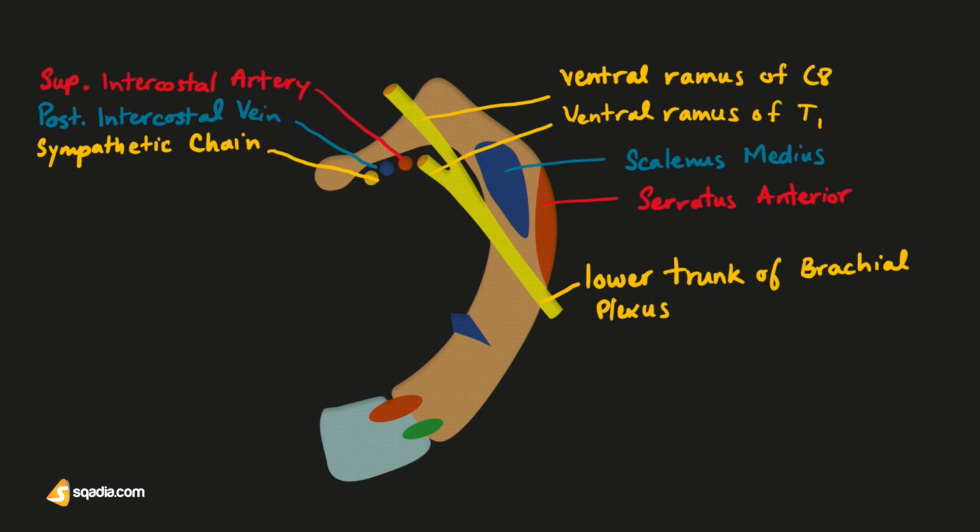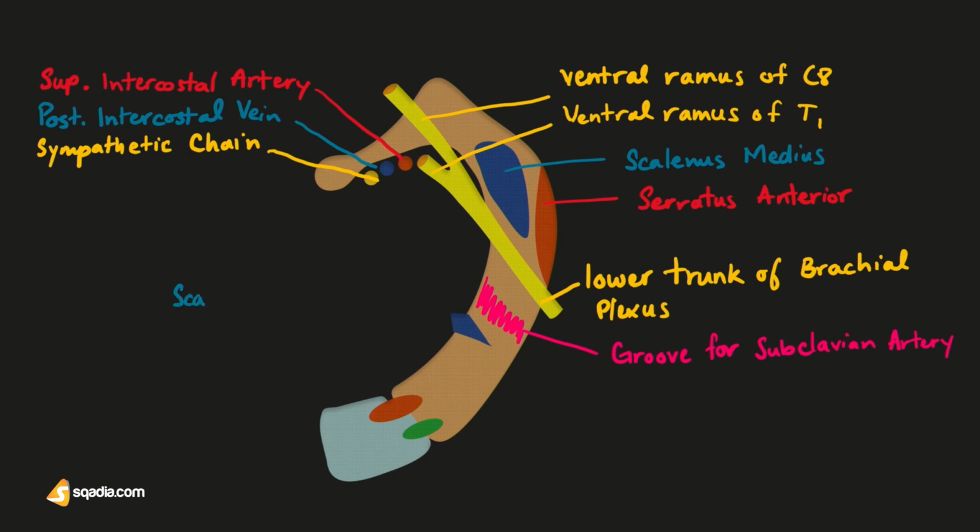Now, as we pass the lower trunk of the brachial plexus, we can see that there is an inner border. And from the inner border towards the outer border, that groove that we see over here, this is the groove for the subclavian artery. And then we have this tubercle.